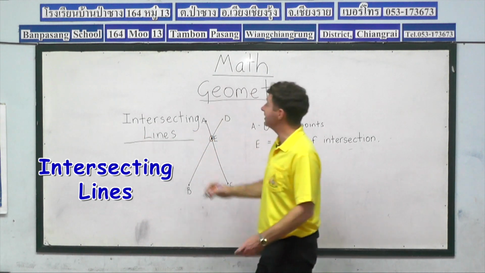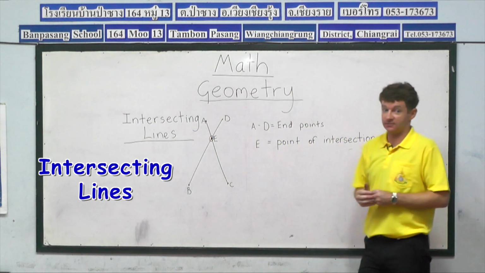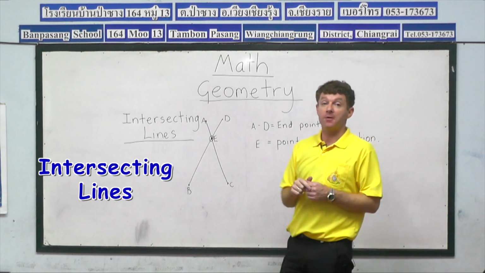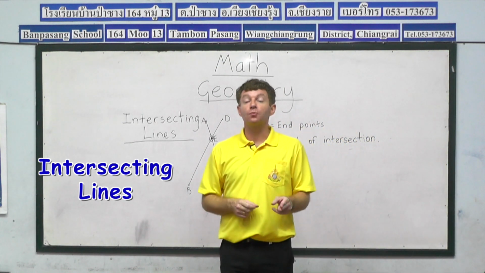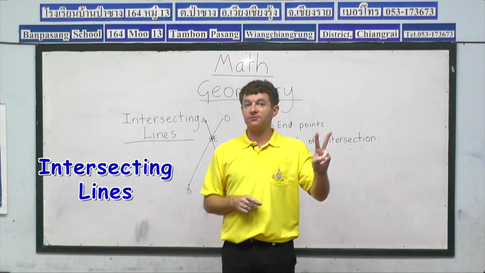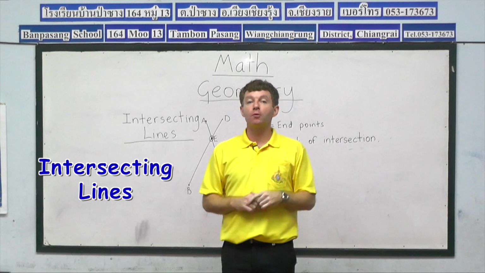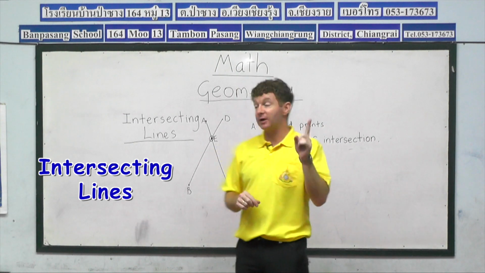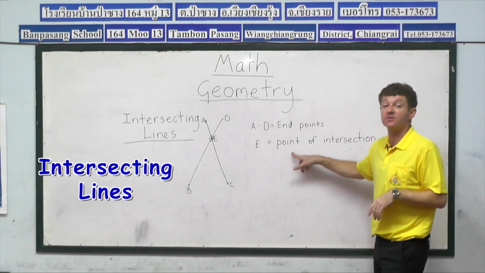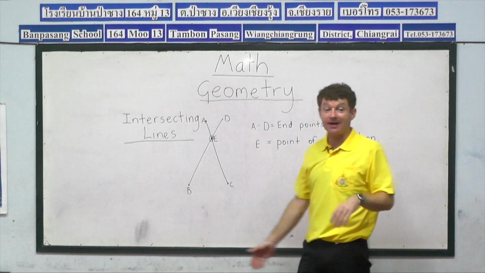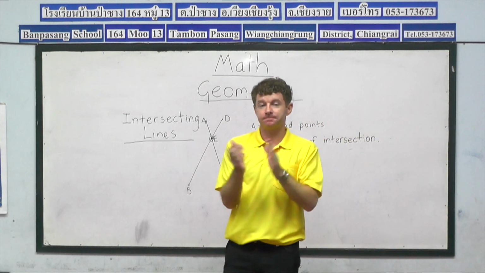L-I-N-E-S. Intersecting lines. So the important thing to remember, intersecting lines, we need at least 2 lines that will generate 5 points, and there must be at least one of them points which is point of intersection. Excellent, guys, very well remembered.